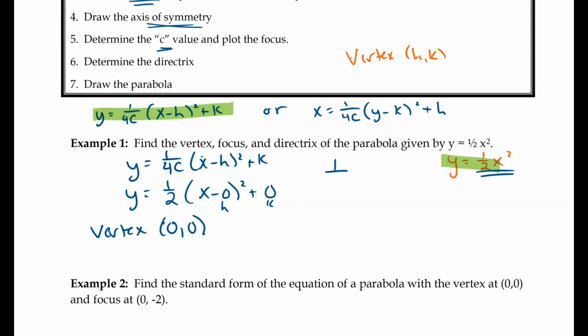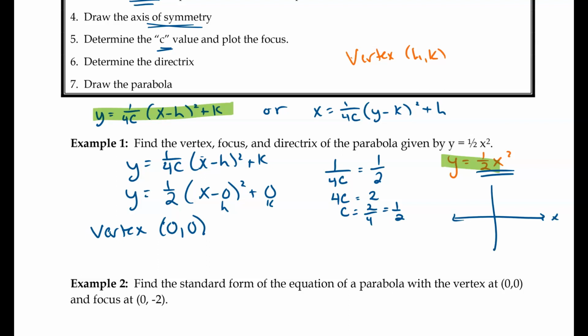Okay, so we go 1 over 4c is equal to 1/2. Notice we get a proportion. For most of you, the best idea is to cross multiply and solve. So I get 4c is equal to 2, and c is equal to 2 divided by 4, which is equal to 1/2. Now it's a positive 1/2. So let's go to our graph here.